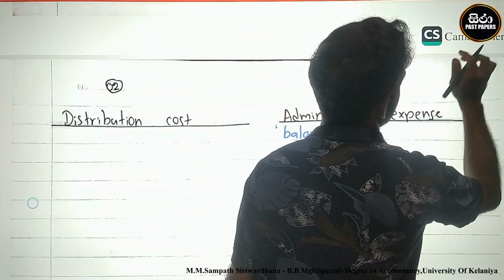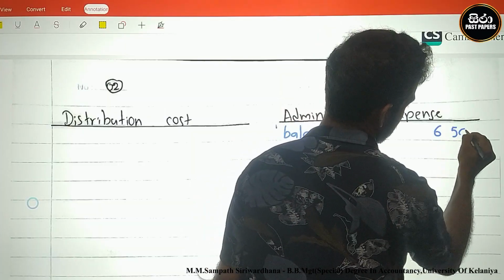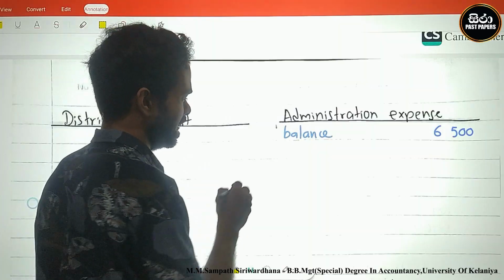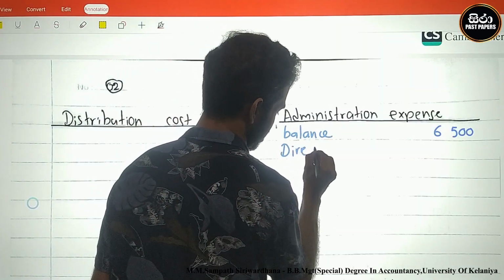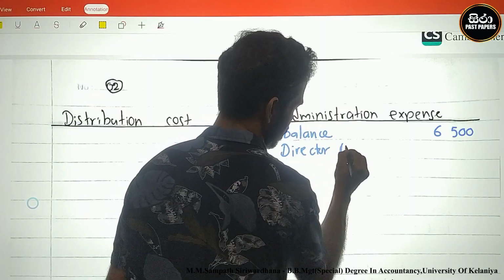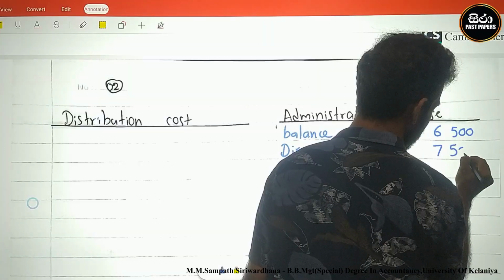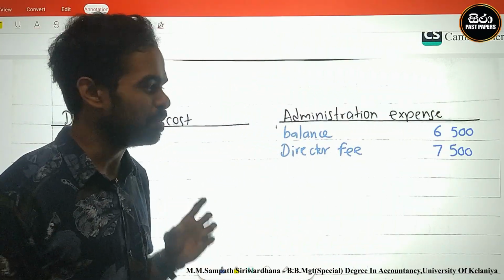Okay, let's see. 6,500. After that we must include, what is that? Director fee. What is the amount? 7,500. After that we must create other payable note.